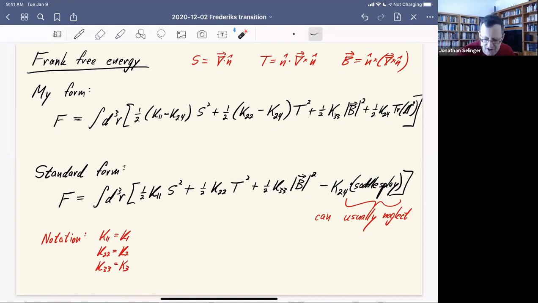And there are actually two different conventions for the names, and I should have mentioned that in the last class. There is one convention where people refer to K11, K22, K33, and then there's a shorter convention where people just say K1, K2, K3, with one subscript instead of two subscripts.